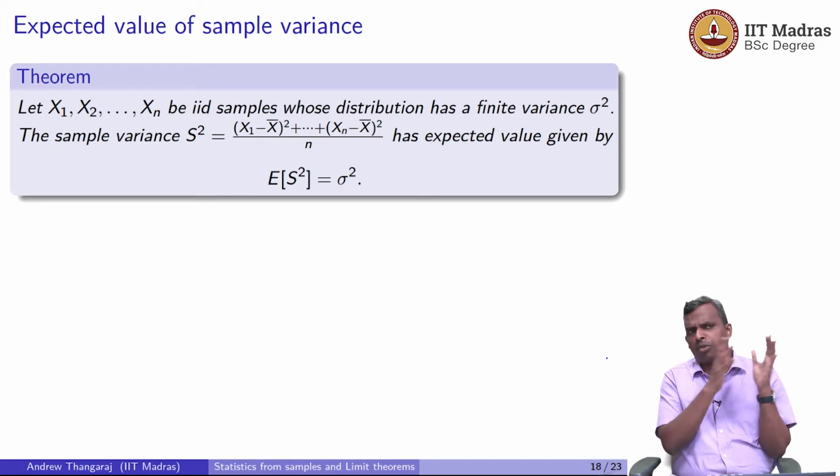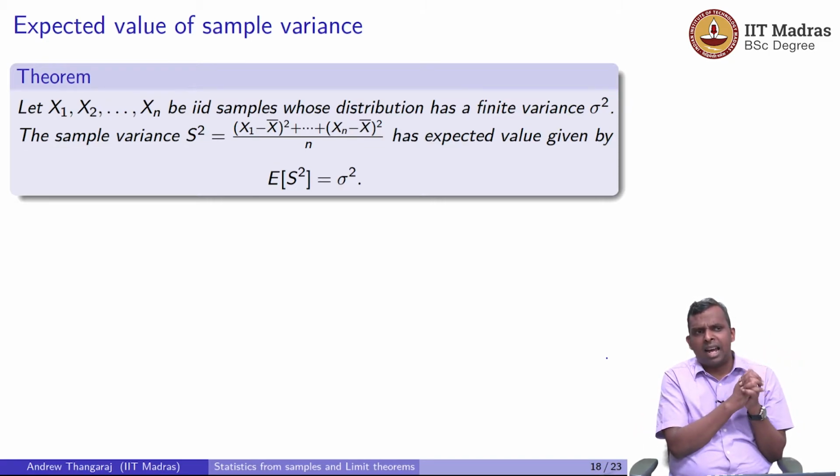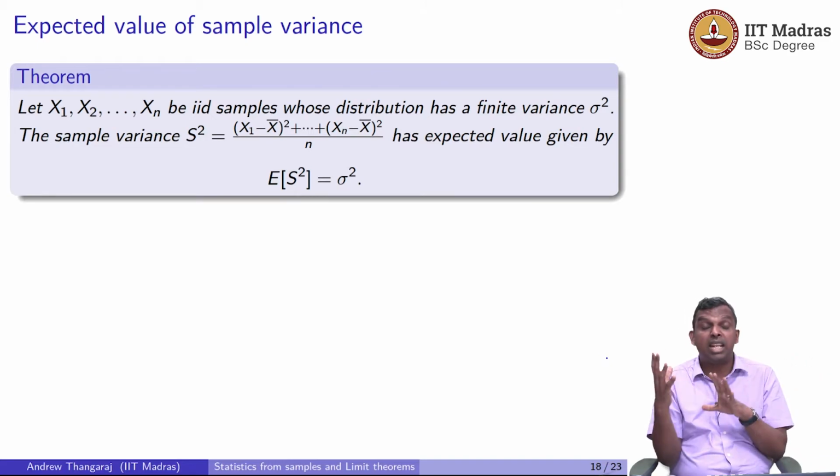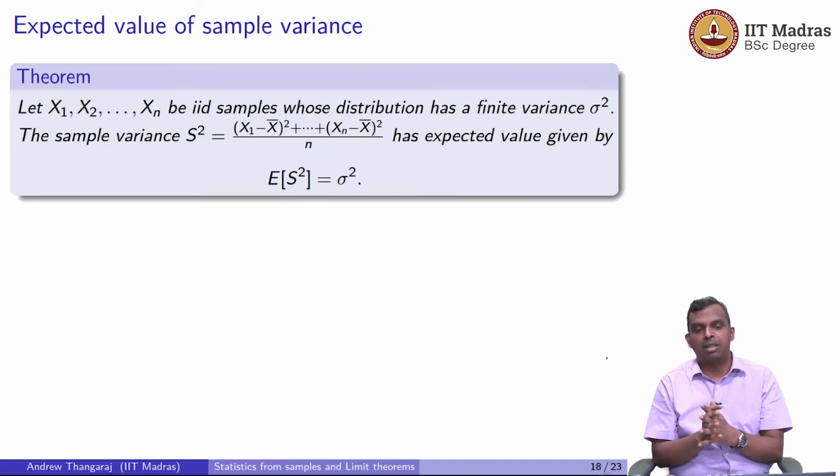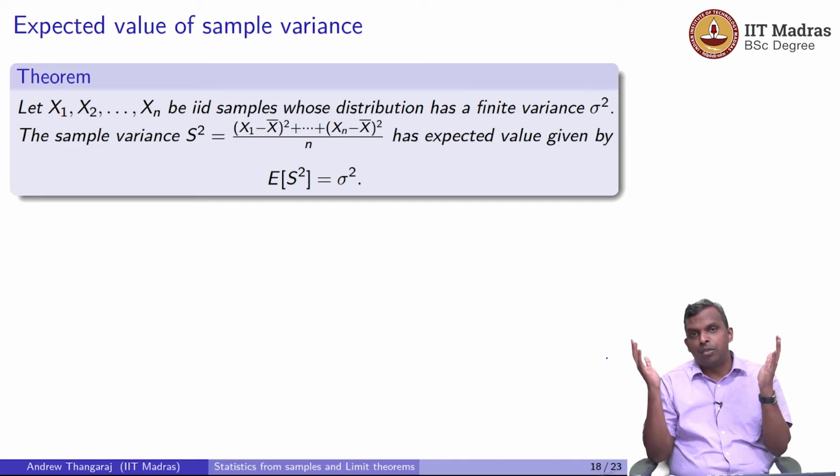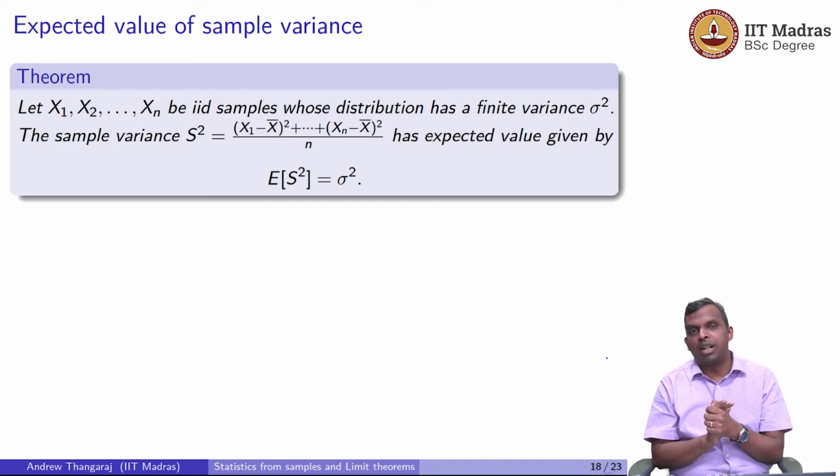We saw before that the sample mean had expected value equal to the distribution mean, but its variance kept falling as the number of samples increased. It went down to 0, so the spread became very small. Now the sample variance, on the other hand, is going to have an expected value sigma squared.